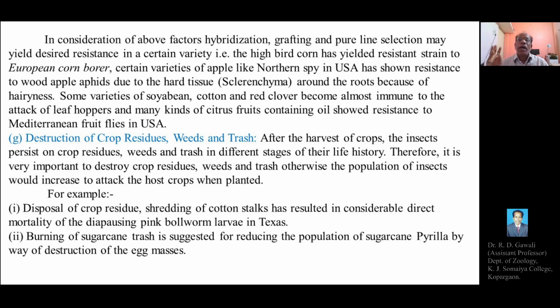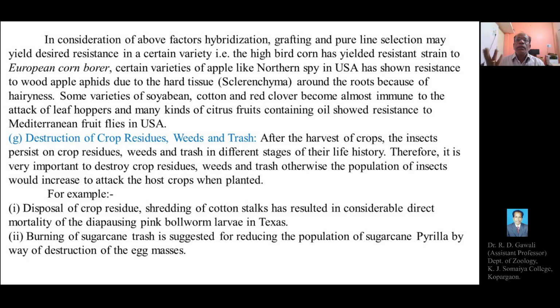For example, the hybrid corn has yielded a resistant strain to the European corn borer. Certain varieties of apple, like Northern Spy in USA, have shown resistance to the wood apple aphids.